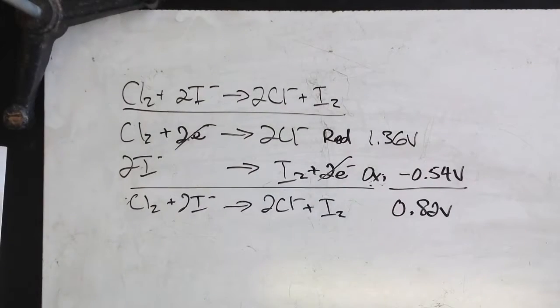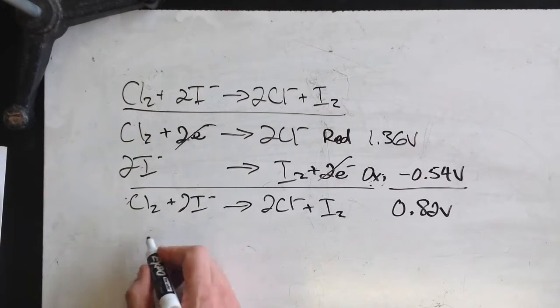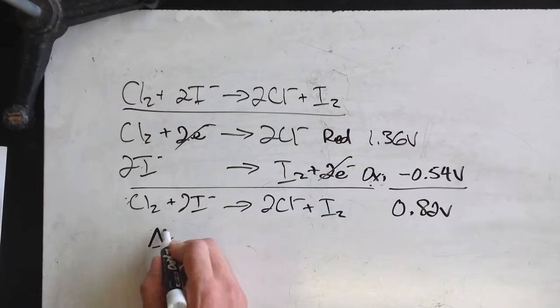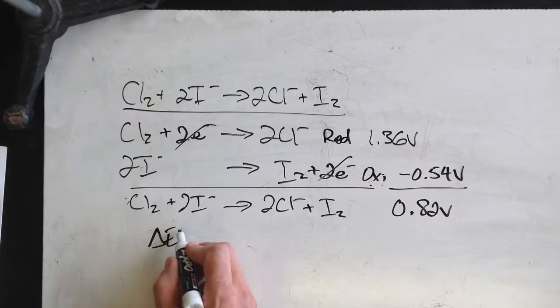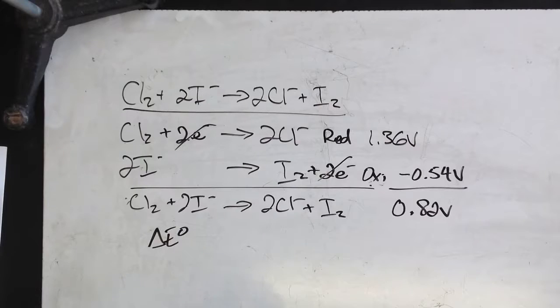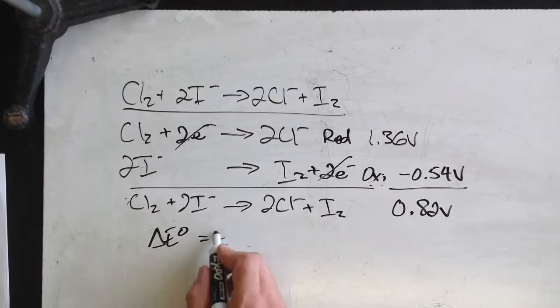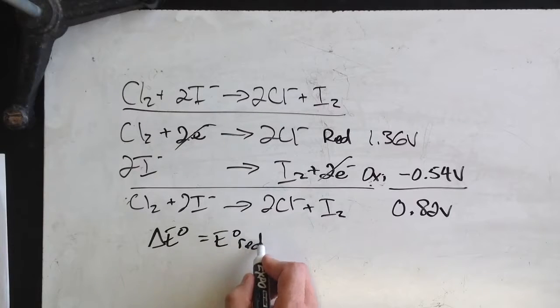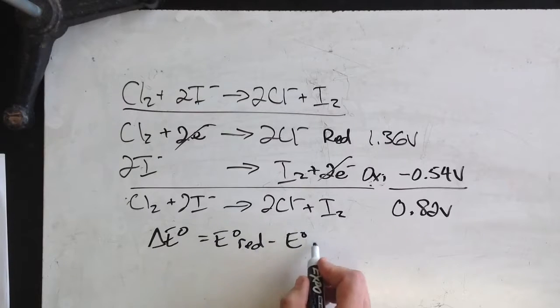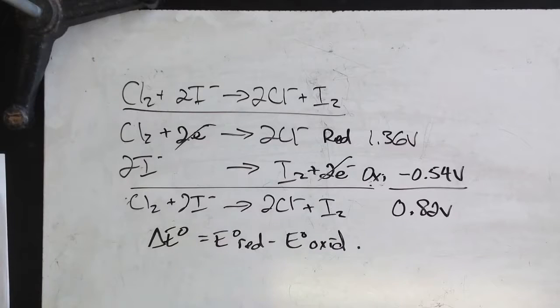Now the other way that you can do this, and what's shown in the notes, is that the E naught for the total reaction is just the E naught for the reduction minus the E naught for the oxidation. Okay, that's the formula that's given in the notes.